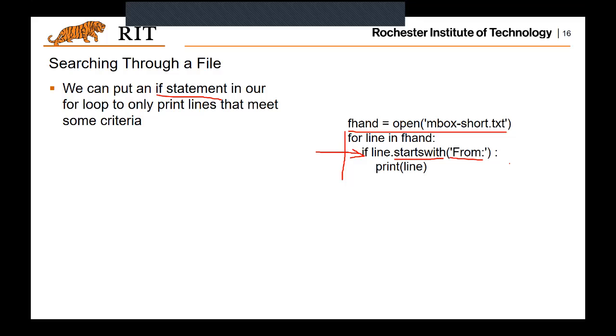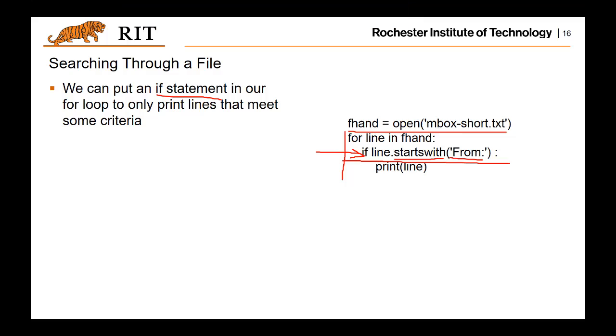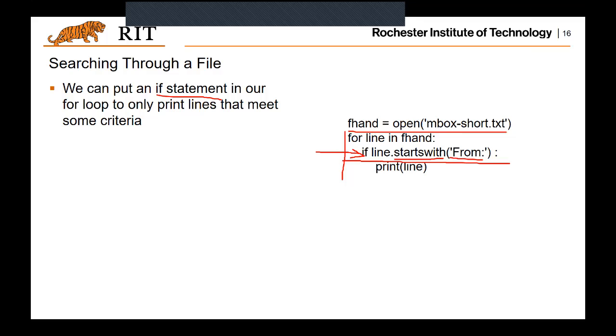If that is the case, that probably suggests an email address, the address where the email is sent out. That's an assumption we could make. And here we can just print it out if that line starts with from and colon. That's how you search through a file.